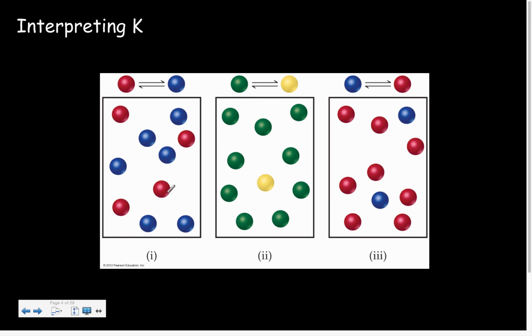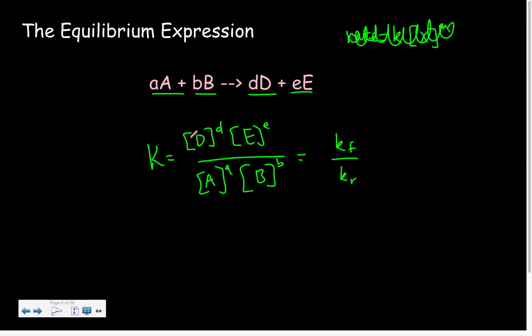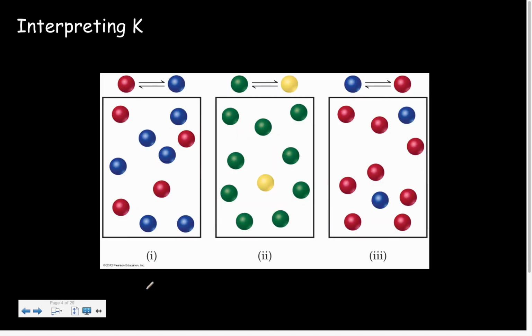Now, interpreting K. If we think about this, at its essence, and this is what we talked about in chapters 5 and 19, this is the relationship between product and reactant. We have coefficients, etc. But essentially, the essence of it is product over reactant, which means that if we have a large K value, a K value that is significantly greater than 1, what does that mean?